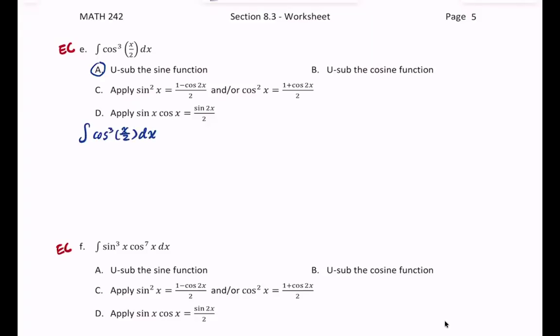Okay, so we just pretty much figured out the strategy. We said we want to do sine sub. So we need to reserve one cosine to go with dx, because that's the u sub, the du part.